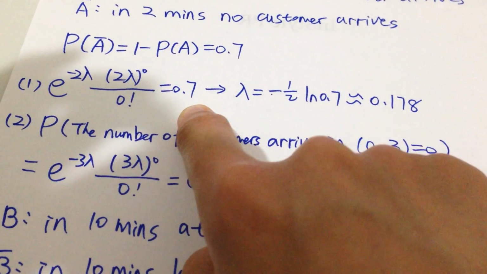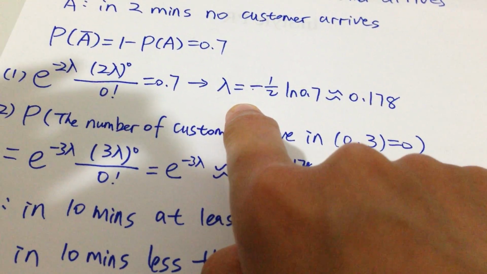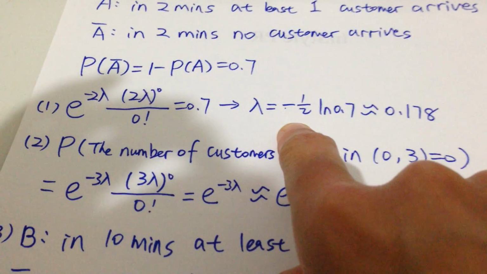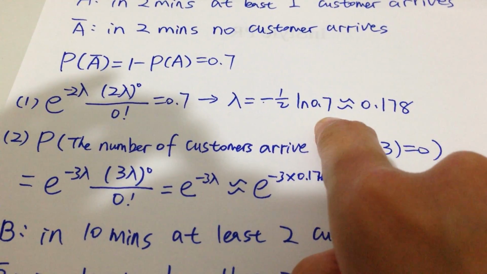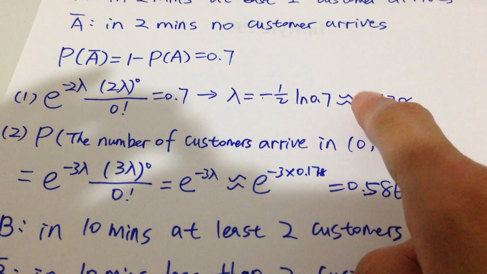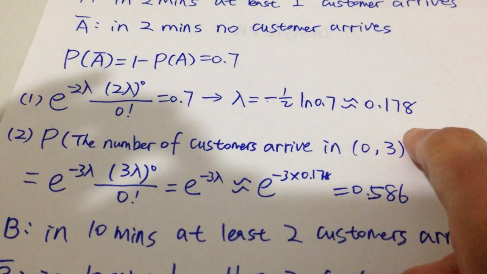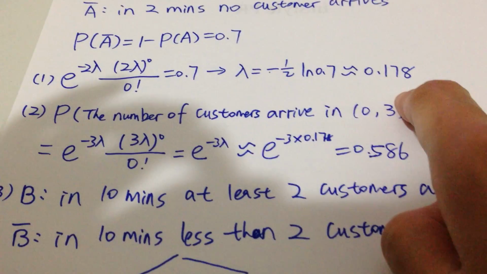Through this equation, we can get lambda equals minus a half times ln 0.7, which is roughly equal to 0.178. So this is the answer for question 1.